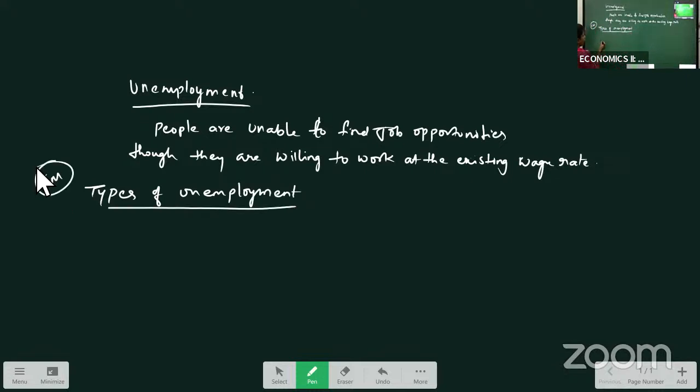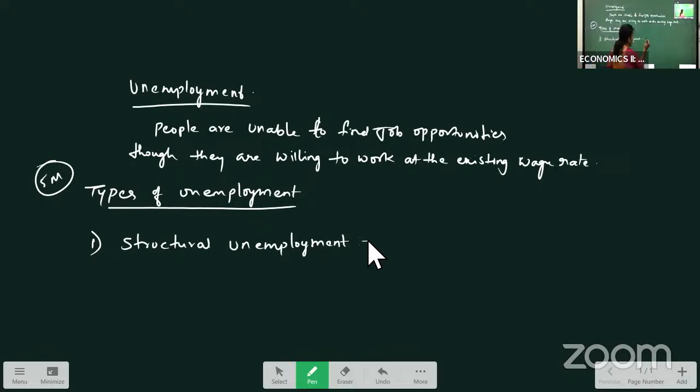Okay, so the first type of unemployment is structural unemployment. Structural unemployment means it depends on the economic structure of the country. Economic structure means the demand and supply of labor. To make it simple, I'm giving you one hint here.